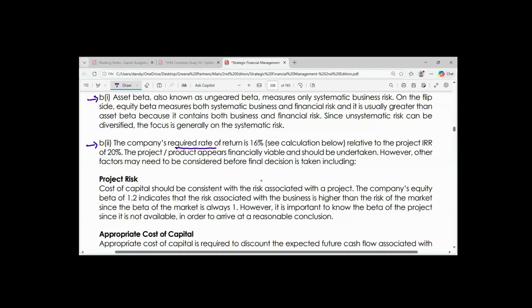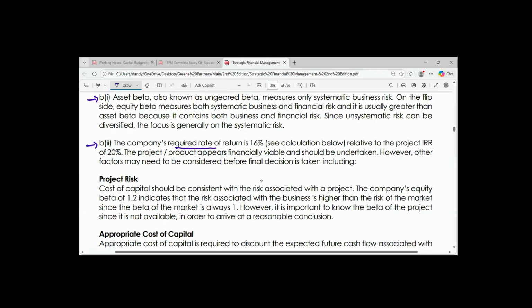The project appears financially viable and should be undertaken. So we are comparing your calculated rate of return of 16% relative to the internal rate of return of 20%. The decision rule on internal rate of return is that if your calculated IRR is greater than the company cost of capital, the project is financially viable.